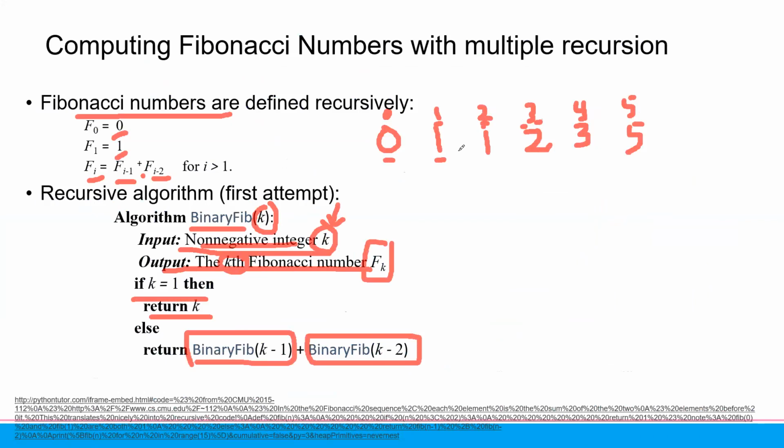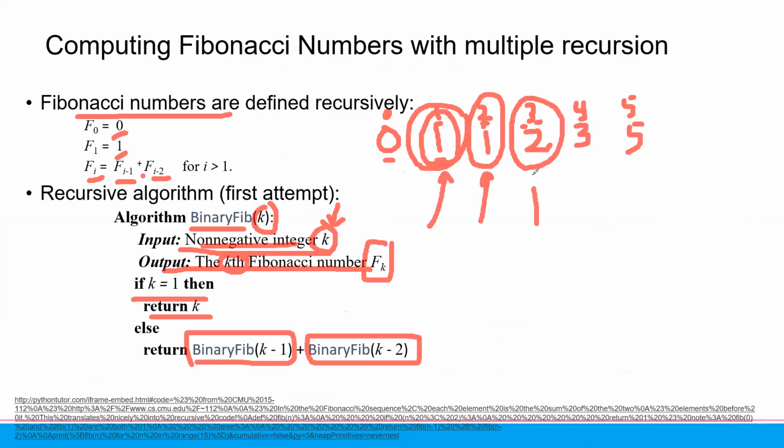So we will do the addition first for the k minus 1. Let's say I want to know this number. So I will do the summation for this number, and then I will do the summation for this number. So I want to get what is this number, to know what is this number.